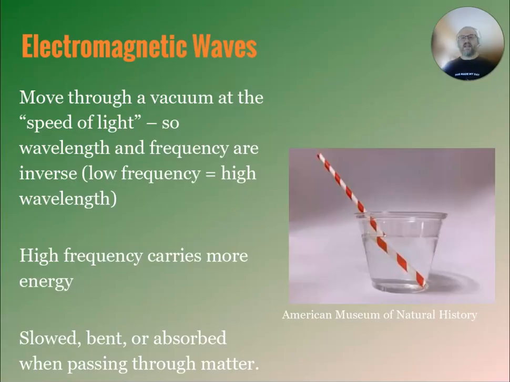If a lot of waves can go by in a specific amount of time, then you've got a high frequency but lower wavelength. These are lots of little waves going by versus a few larger waves. So frequency and wavelength are inverse of each other when we're talking about electromagnetic waves, where the speed is always the same. Mechanical waves travel at a variety of different speeds, and so that inverse relationship may not hold.